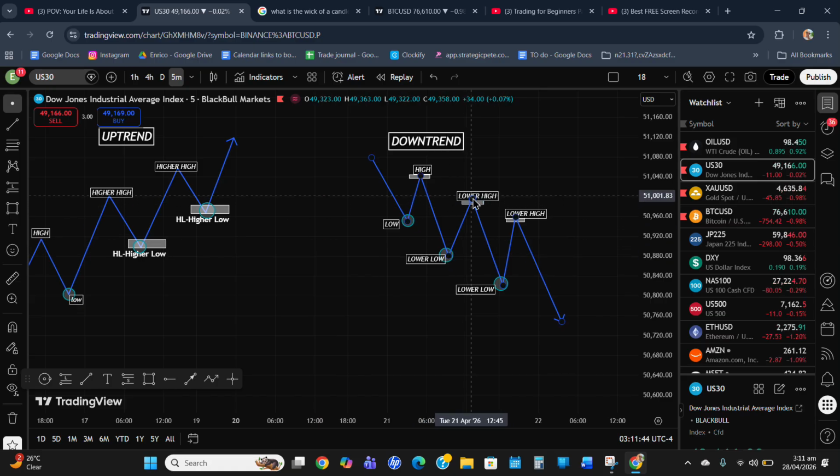But this high in the market which we created is lower than this high. This high is lower than this high.